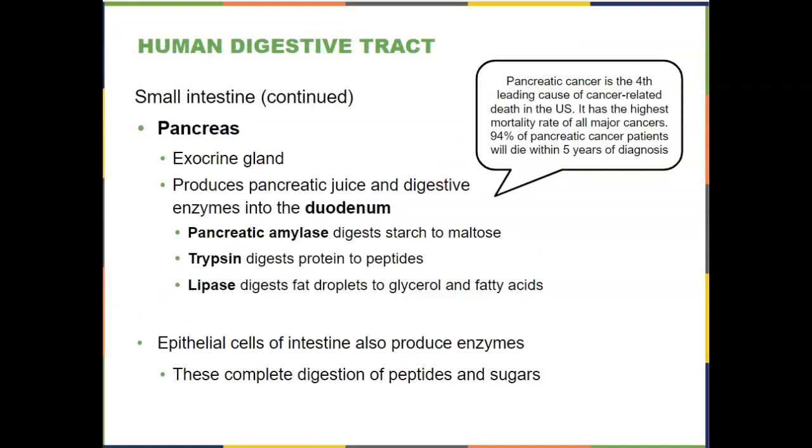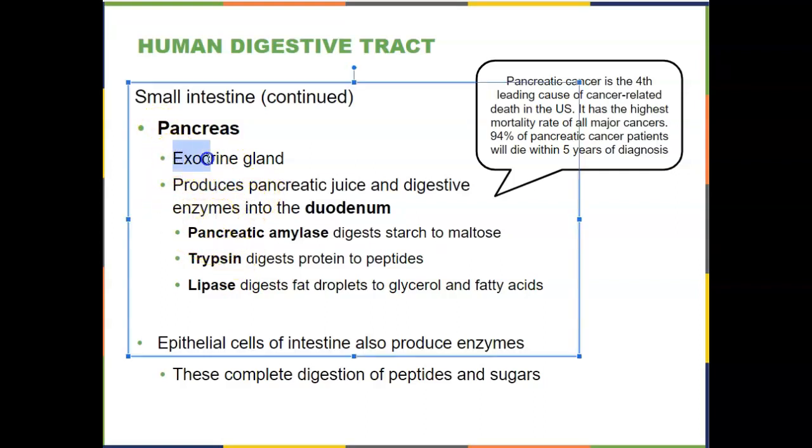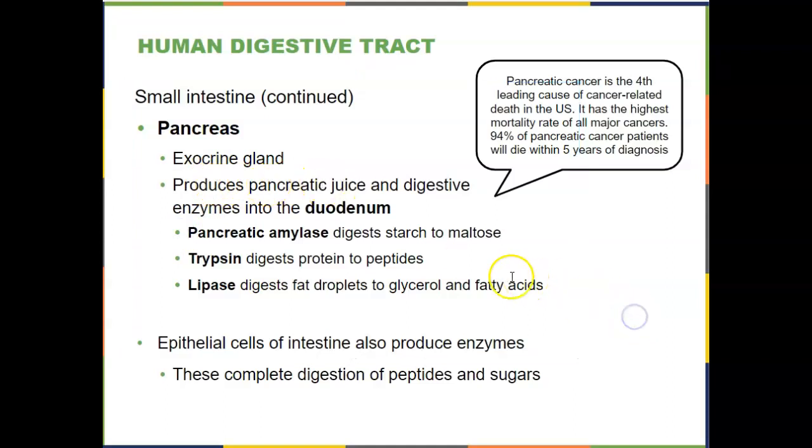Three other enzymes that we want to identify that you'll be required to know for examination purposes are produced by the pancreas. So it's referred to as an exocrine gland. That means it's a gland that releases liquids that can find a way to the outside of the body. Some others are the salivary glands, sweat glands, and mammary glands. They're all exocrine glands. And again, the pancreas dumps its liquids into the duodenum.